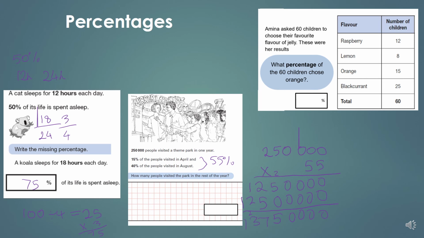And now we take this number and we divide it by 100. So everything's going to move 2 spaces to the right twice. So 1 2, 1 2, 1 2, 1 2, 1 2, and here is your answer.